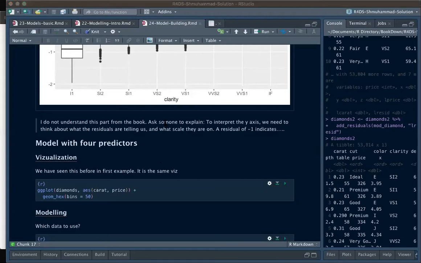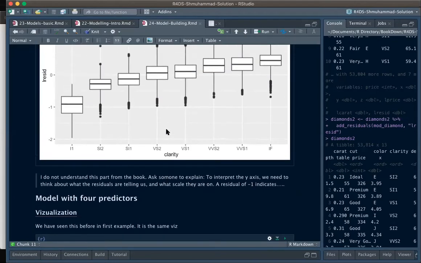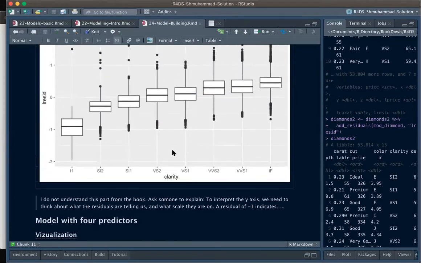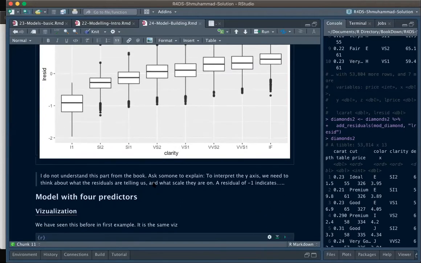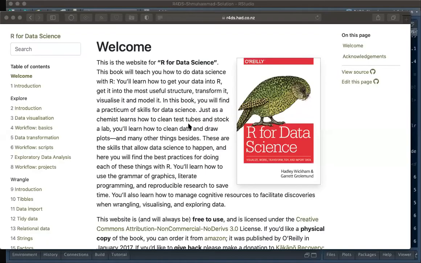So in the book, Hadley... If you look at this section immediately after this one, Hadley makes some statement. That is why I say ask someone to explain, which I really don't understand. But let me try to see what is happening.